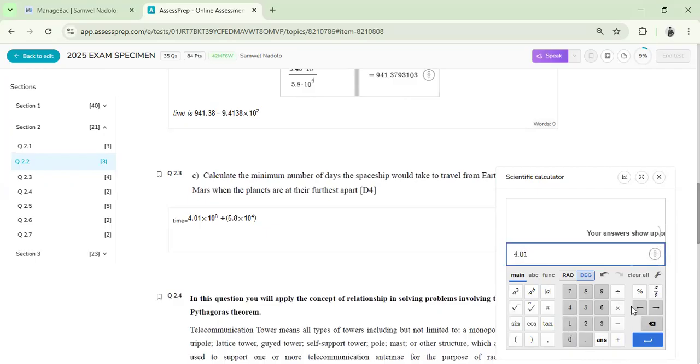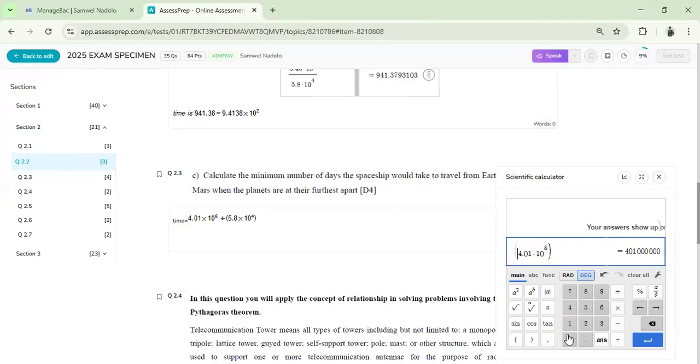4.01 multiplied by 10 raised to 8. We need to put the fraction sign, but don't worry about that.